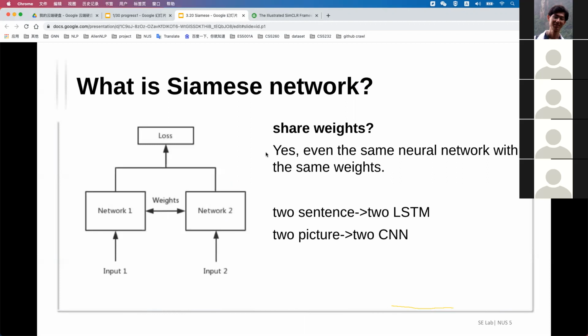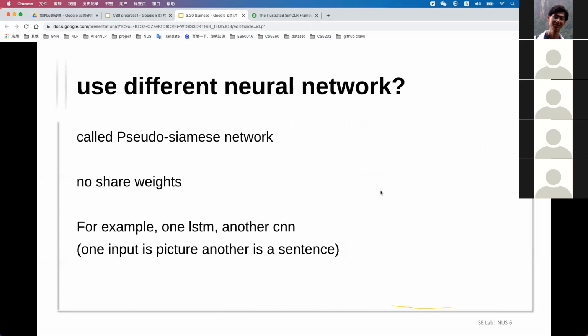And what is a Siamese network? A Siamese network has two inputs and two networks to receive the inputs, and one part to finally compute the loss. The two networks always share the same weights. If the two inputs are two sentences, the networks may be two LSTMs. If the two inputs are two pictures, the networks will maybe be two CNNs.